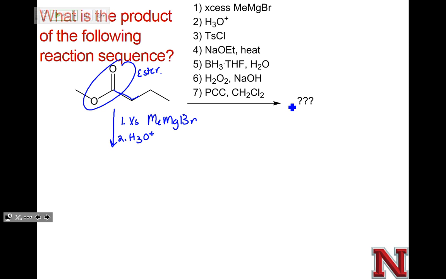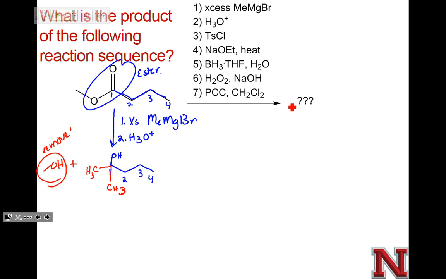So here's our original carbons. And we're going to get 2 additions of our methyl group, plus our methanol, but that'll be removed.